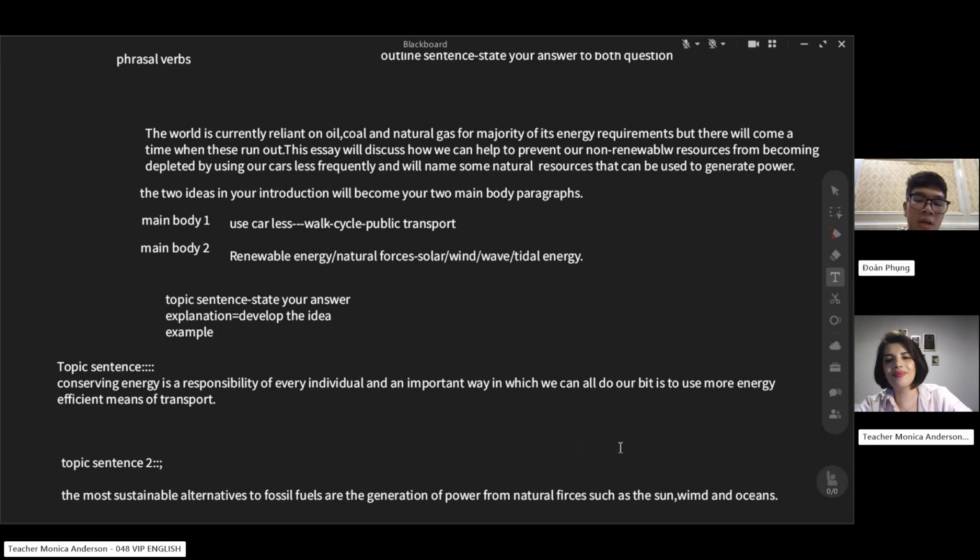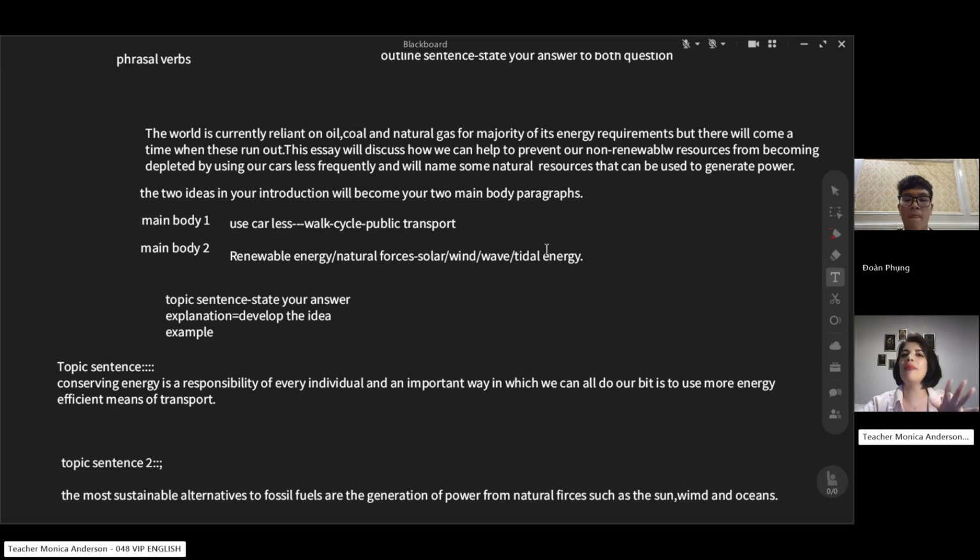I would say that we can use solar panels and wave energy to produce electricity without using fossil fuel. So let's discuss this one.